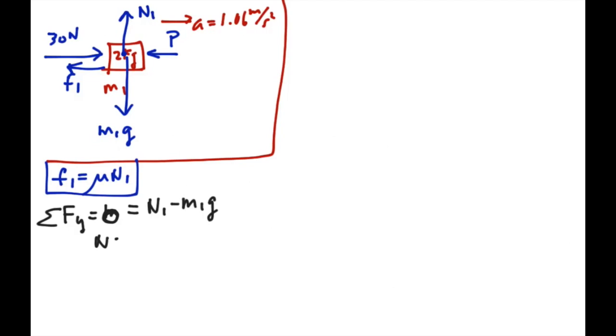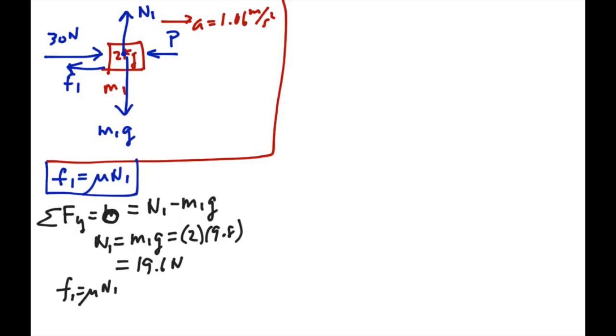So our normal force is going to equal M1g, which is 2 times 9.8, or 19.6 newtons. Hence, our frictional force is mu times N1, which equals 0.3, because mu was given as 0.3, times 19.6, and so our frictional force is 5.88 newtons.